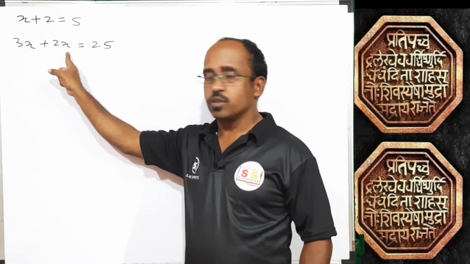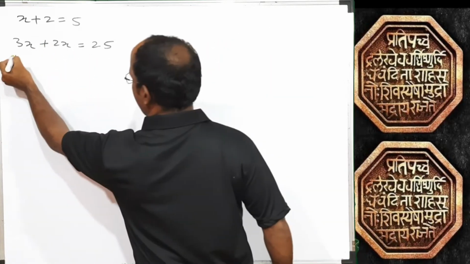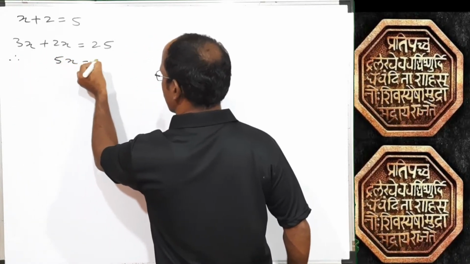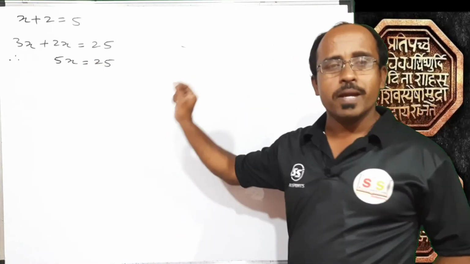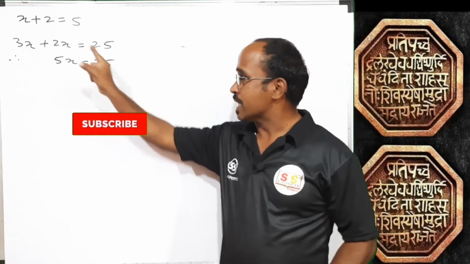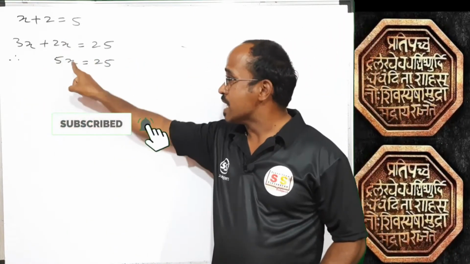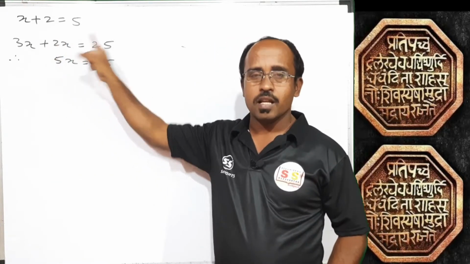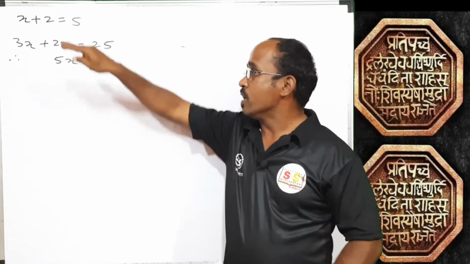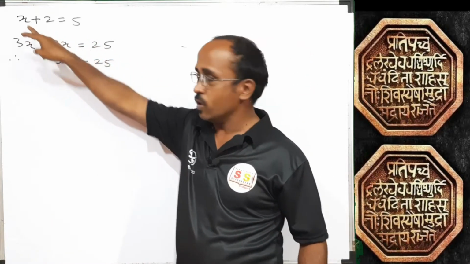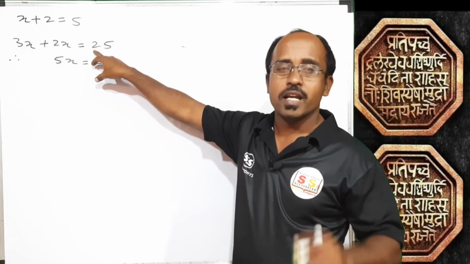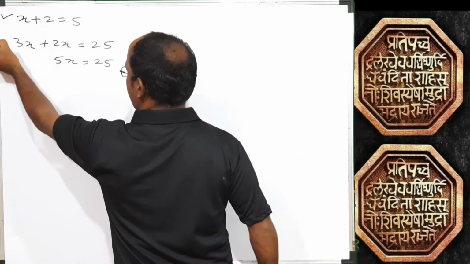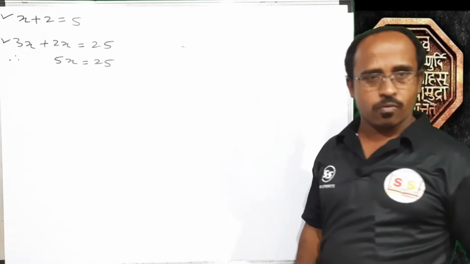This 3x plus 2x is equal to 5x, which is equal to 25. Means if in a problem there are more than one variables with the same index, here the index of x is 1, here also the index of x is 1, then we can convert them into an equation in one variable. So this is also an equation in one variable.